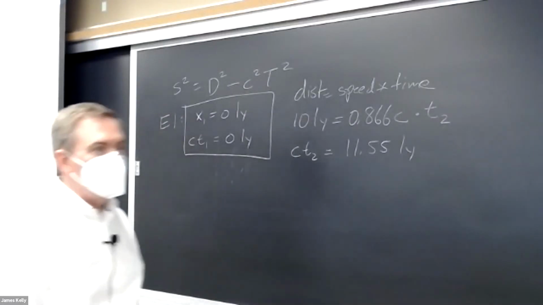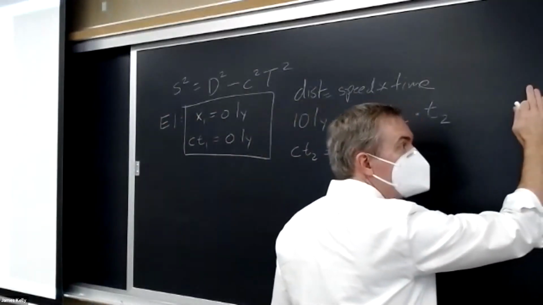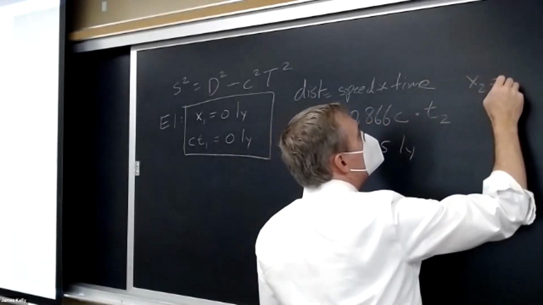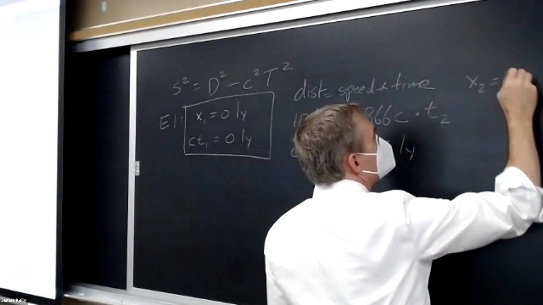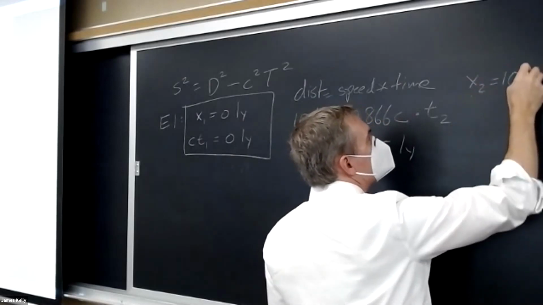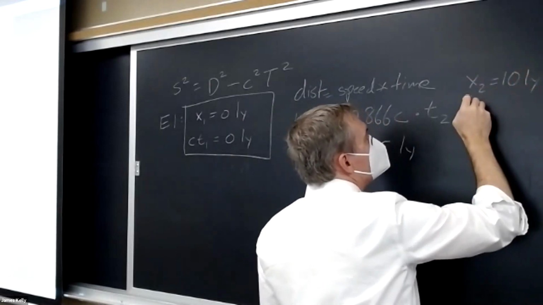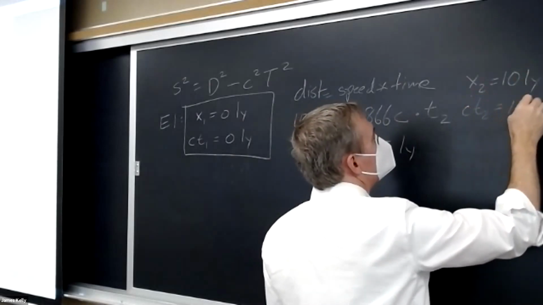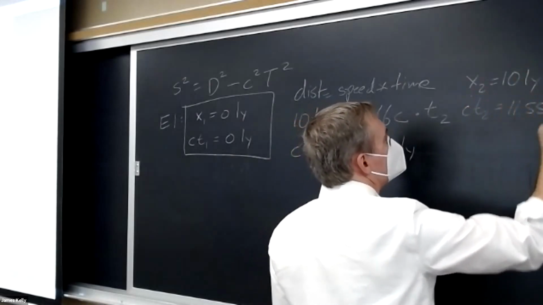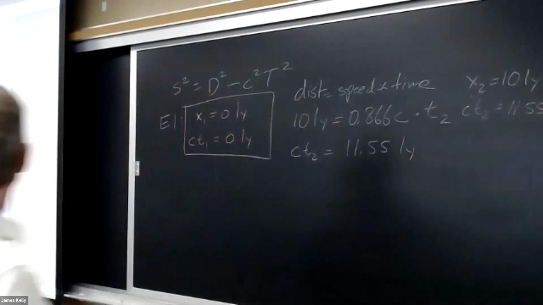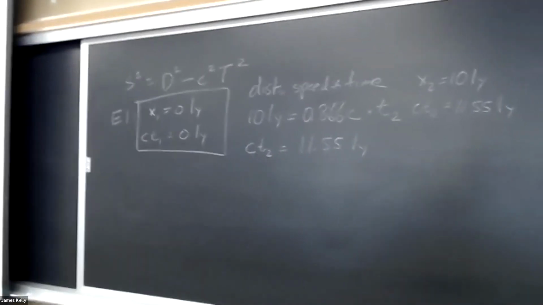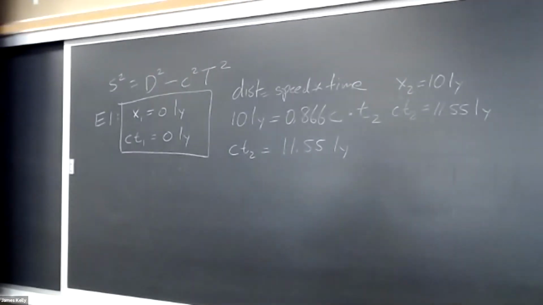Can you guys see over to about right here? That means x2 is going to be, according to Earthlings, 10 light years, and ct2 is going to be equal to 11.55 light years. I'm going to move this over a little bit to make sure everybody can see.